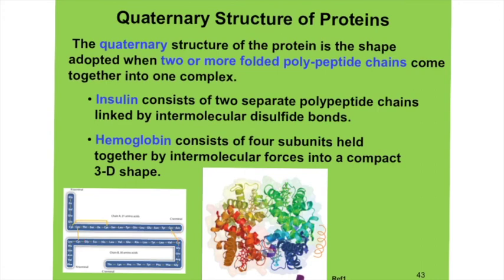Hemoglobin consists of 4 different polypeptide chains. And so here's 1, 2, 3, 4, and they're held together by lots of different intermolecular forces. It's a tetramer, so it has 4 different parts held together in a complex, and it uses lots of different intermolecular forces to do that.